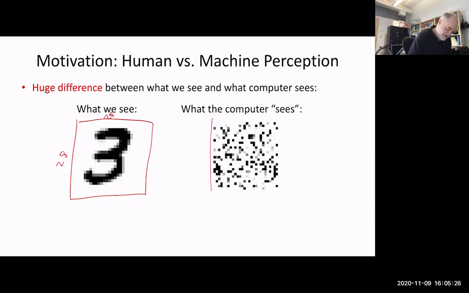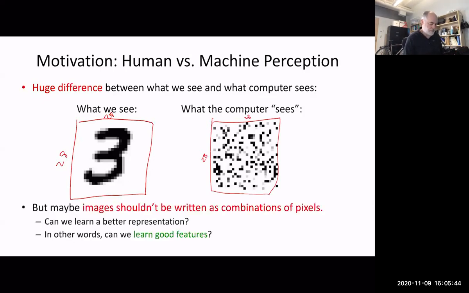When a computer sees this 28 by 28 matrix, it's just some grayscale values, right? Okay, these happen to be permuted rows and columns, but the point is that the computer doesn't look at this and recognize it as a 3. A computer sees a bunch of grayscale values in this 784 dimensional space.